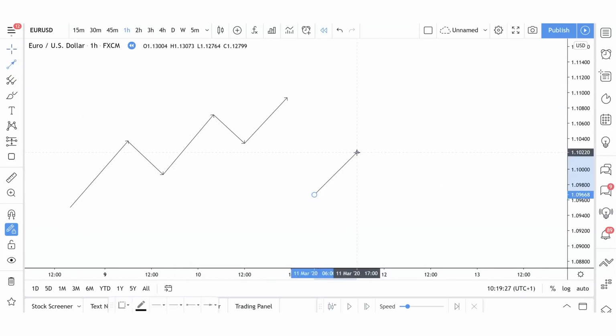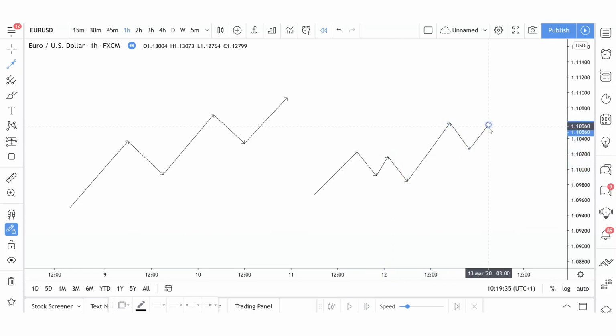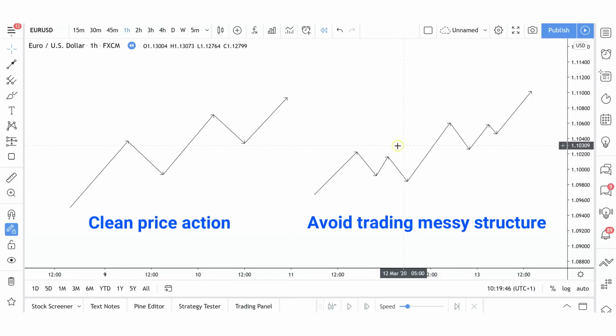Sometimes the market's going to push to the upside, it's going to pull back, it's going to create structure that doesn't continue up, then it's going to pull back, then go up, and pull back again, etc. So this is something that you need to look out for. You need to understand that these are 2 different patterns. With this break and retest strategy, you're going to be focusing on clean price action.